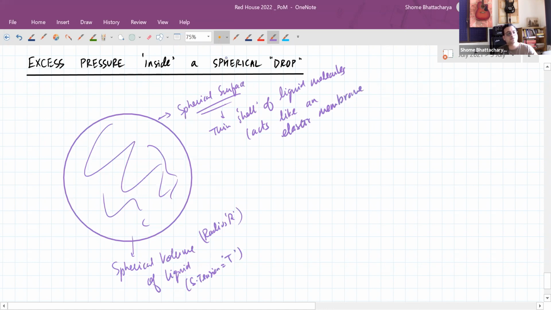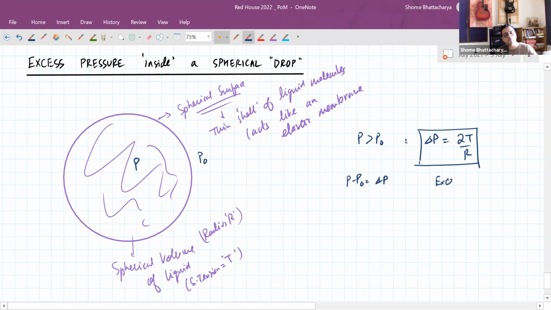So as it turns out, the pressure of the fluid inside is greater than the outer pressure. P will be greater than P naught, and this change in pressure will come out to be like this, 2T by R. There's a proof of this also, and we'll discuss that next. Okay. So this is the excess pressure inside.